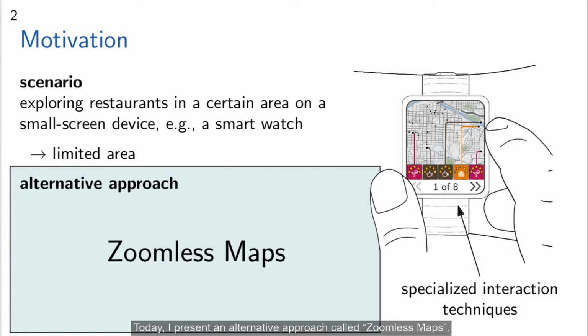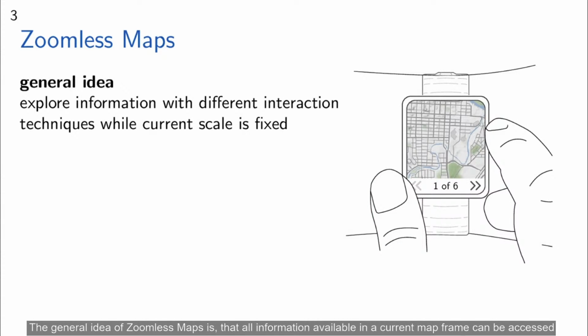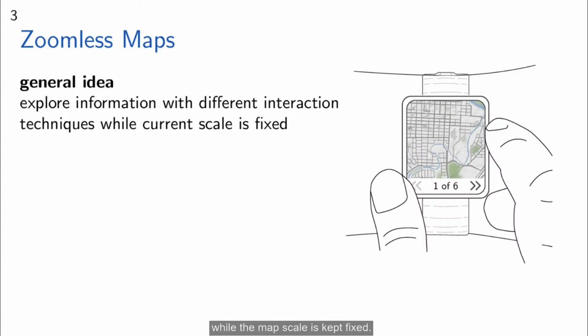Today, I present an alternative approach called Zoomless maps. Instead of zooming in and out, a user is provided with different specialized interaction techniques for exploring the queried results. The general idea of Zoomless maps is that all information available in a current map frame can be accessed while the map scale is kept fixed.